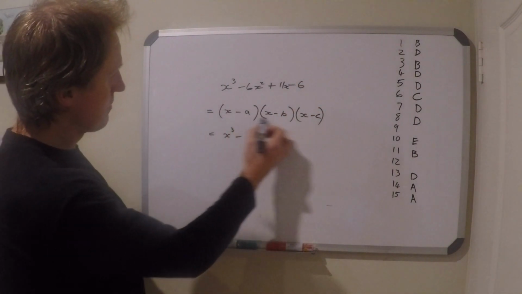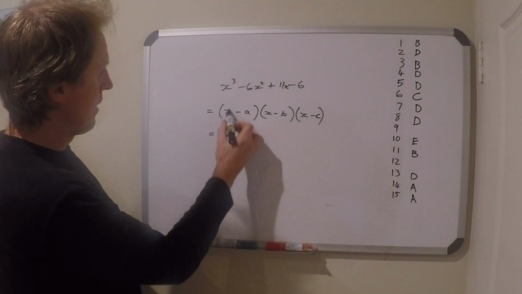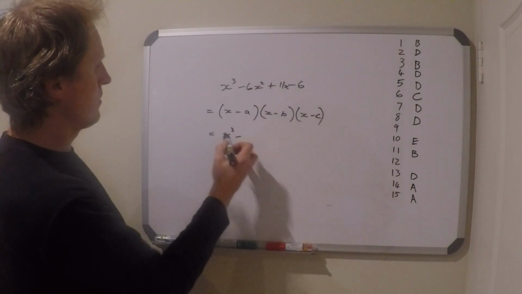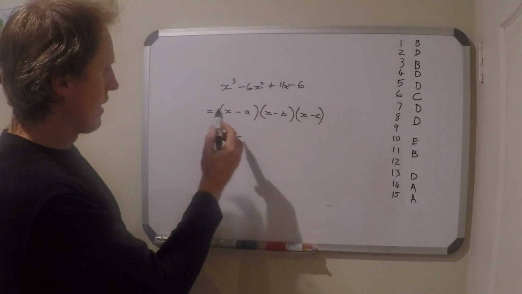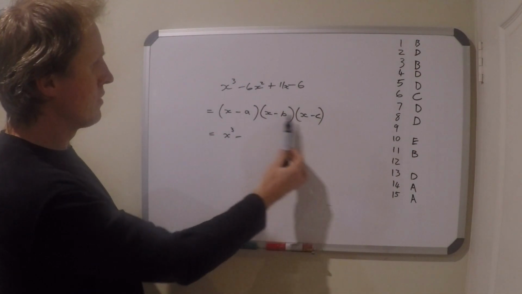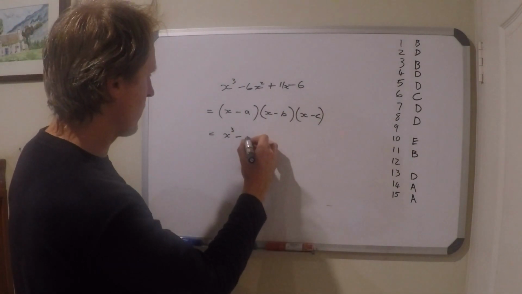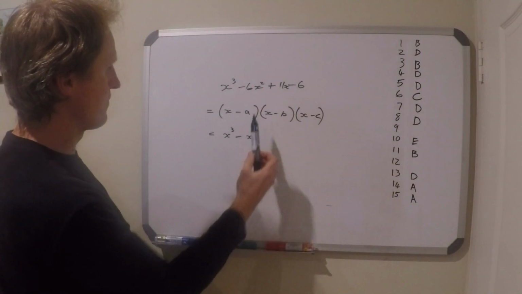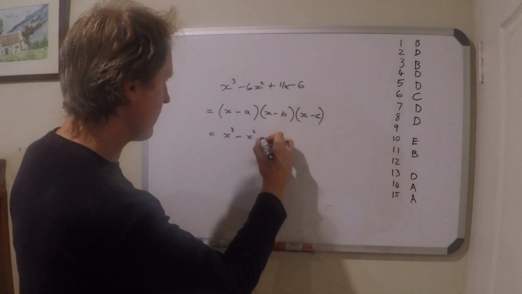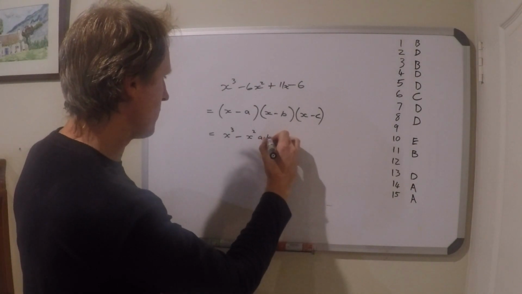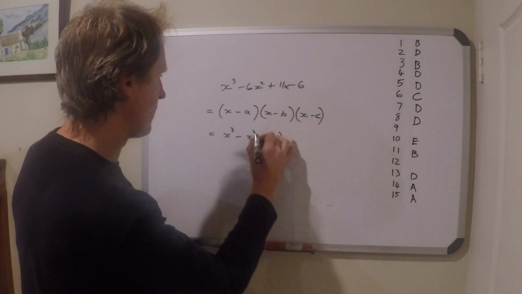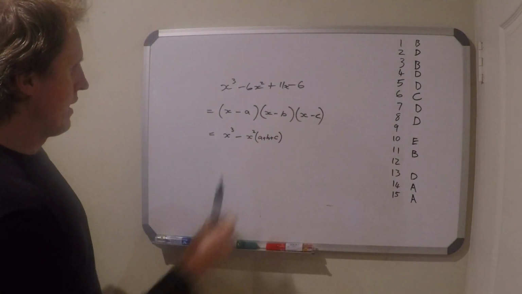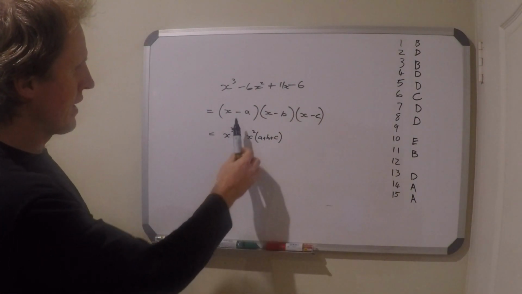Okay, if we multiply this out, if we take all of the x's, we get an x cubed. If we are going to take 2 of the x's, then obviously we've got x squared, and we will have a plus b plus c. And we actually don't need to go further, but we can.